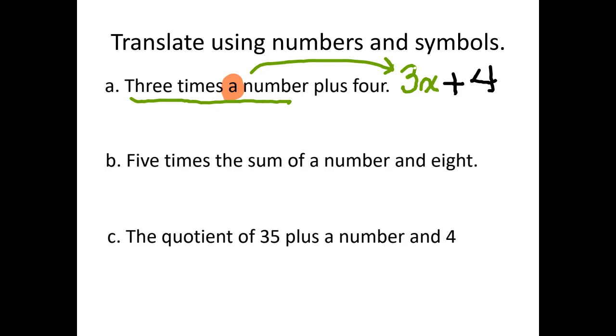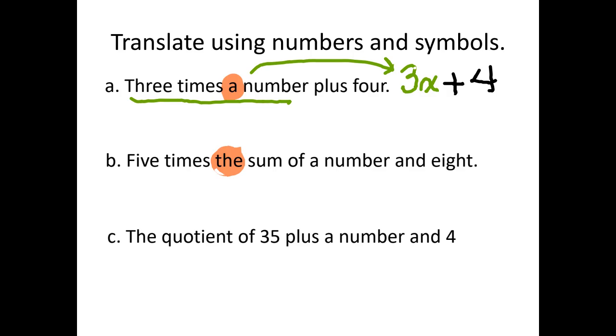Now, this is where you have to watch out. In mathematics, the article, if you're an English major, you know the article is A in problem A, but in B, it's the. Okay.